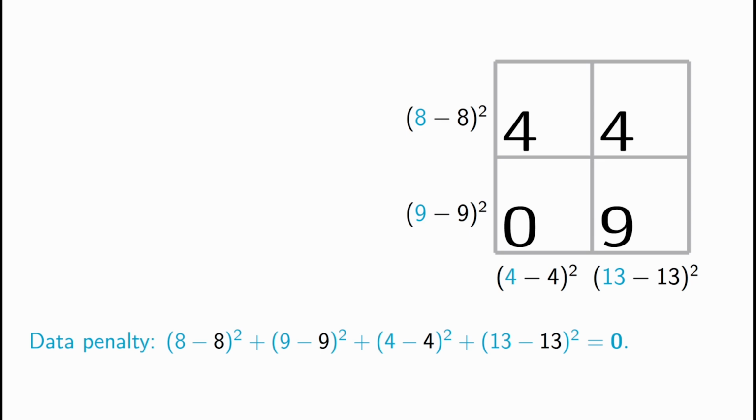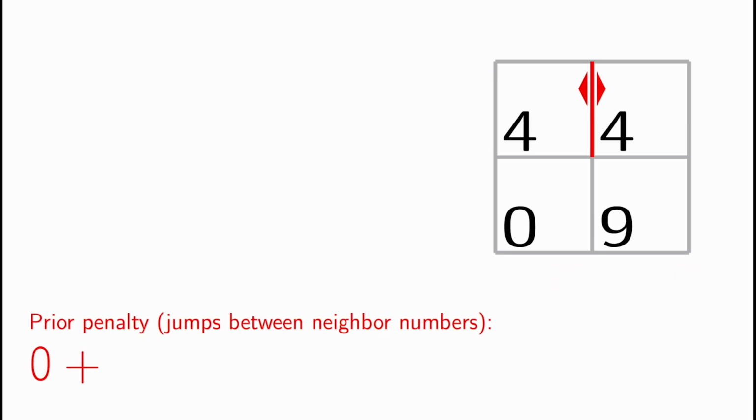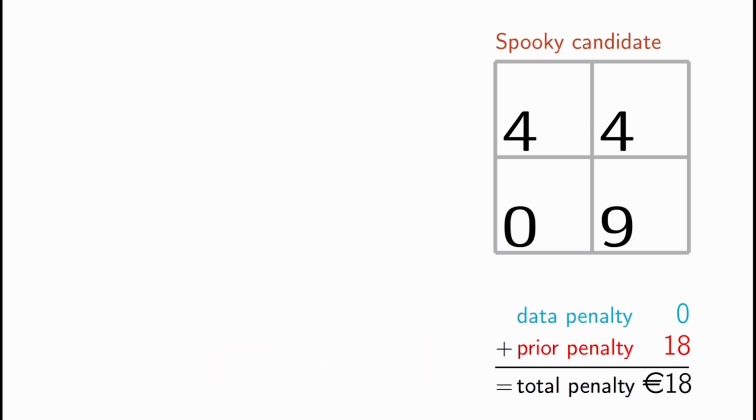The spooky candidate produces the same measurements as the original patient, so the data penalty is 0. The spooky candidate has 3 separate areas of constant attenuation. Therefore, there are pixel differences adding up to 18. We get a combined penalty of 18 euros for the spooky candidate.